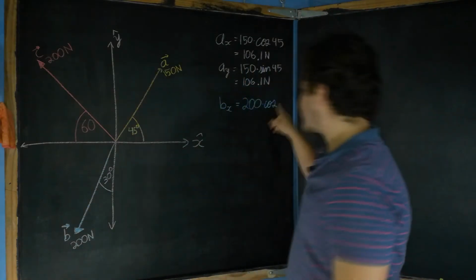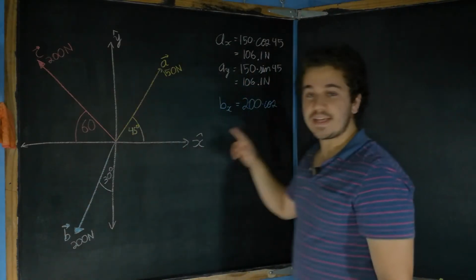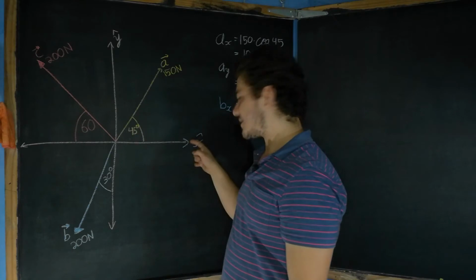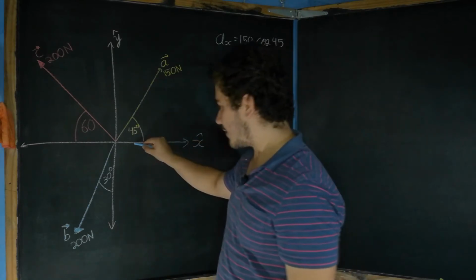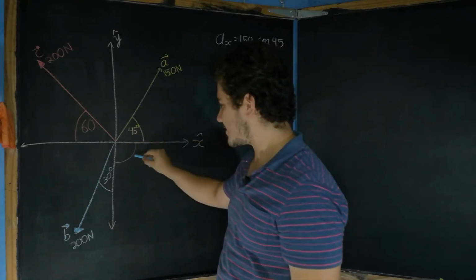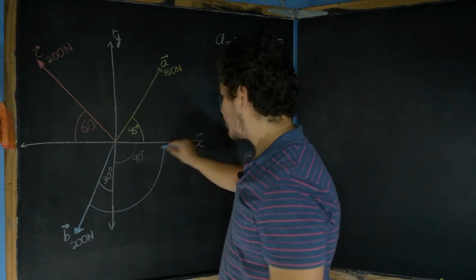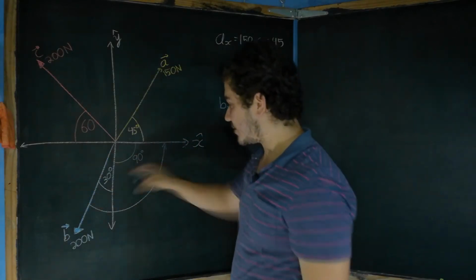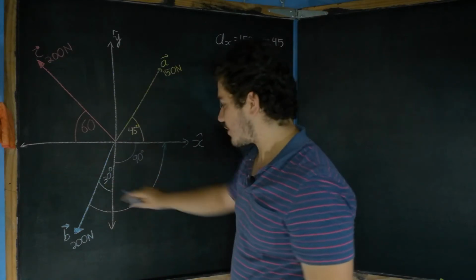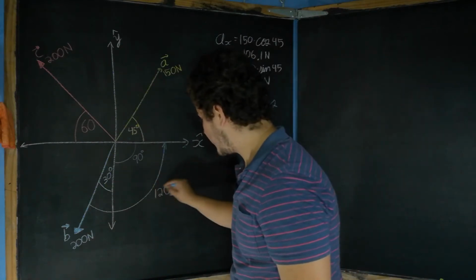To use this same equation we have to give the angle from the x-axis. If you recall, from the x-axis to the y-axis there's 90 degrees. From the vector b to the x-axis there's actually 90 plus 30, that's 120 degrees.